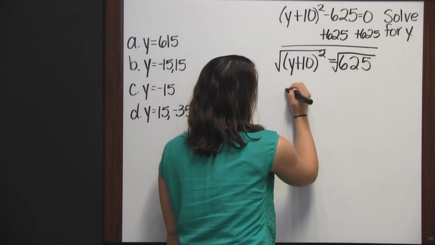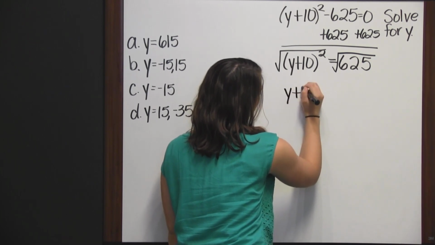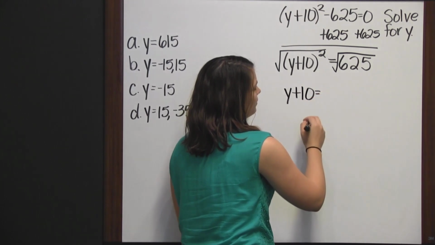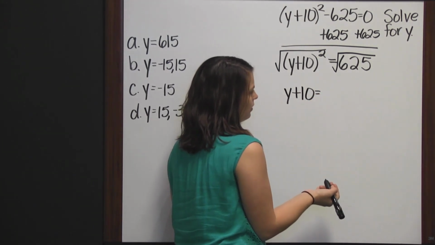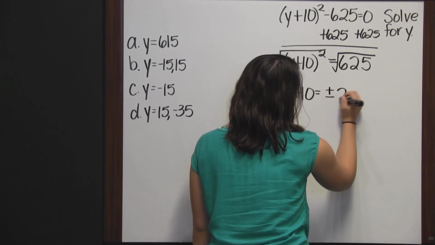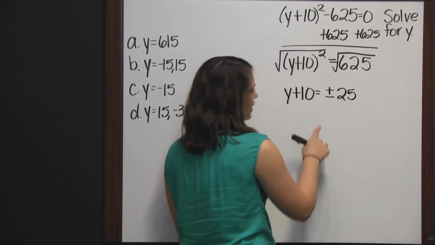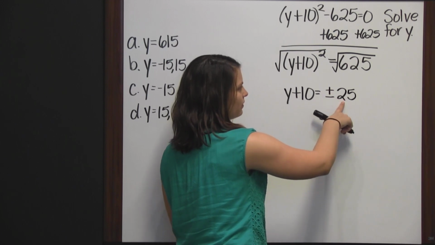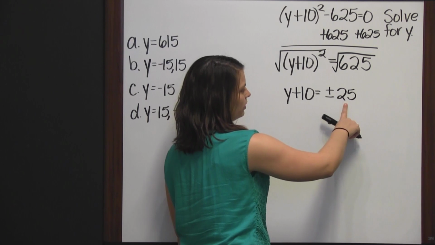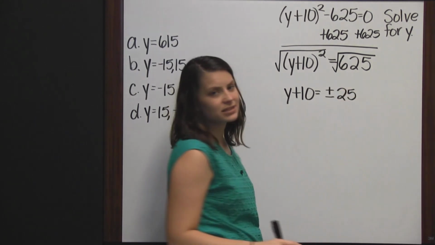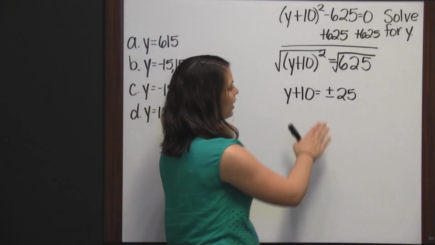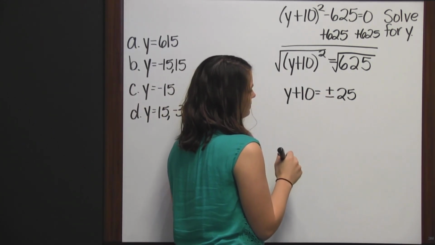So they cancel each other out, and we're just left with y plus 10 equals, and when I take the square root of 625, I get plus or minus 25. And that's because a positive 25 squared would give me 625, but also a negative 25 squared would give me 625. So we really have two answers there. So we write it with a plus or minus.